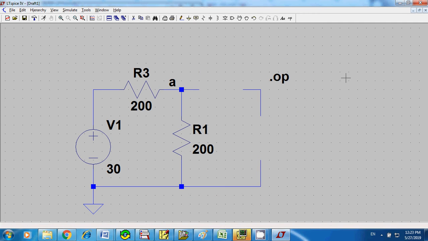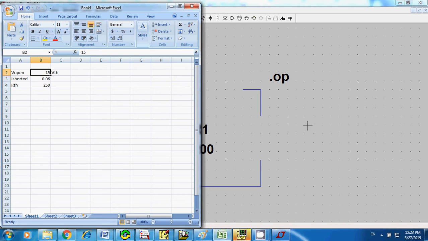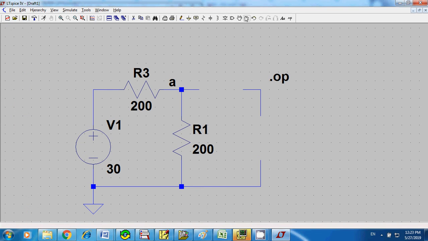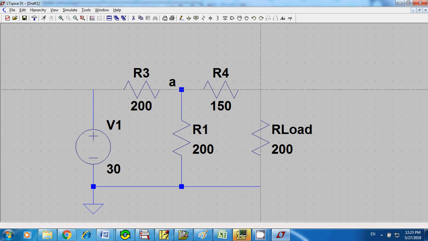Next, let's get to I short, right? So I undo again to get all components back, and I short the whole circuit. Yep, so it's not allowed. Let's try again.